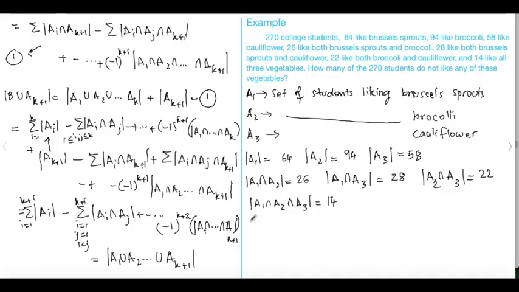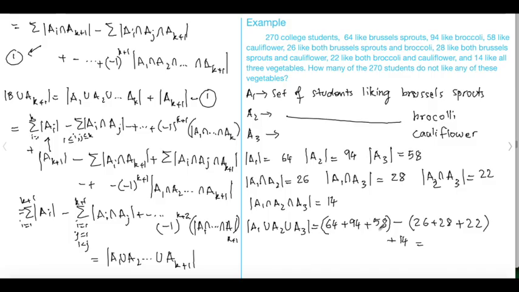So first of all, we want to find A_1 union A_2 union A_3. By the inclusion exclusion principle, this is equal to 64 plus 94 plus 58 minus (26 plus 28 plus 22) plus 14.